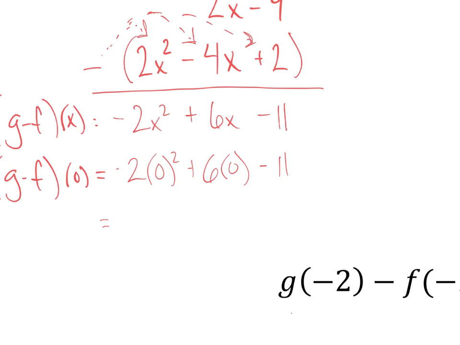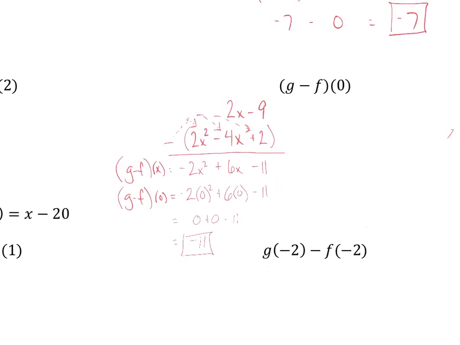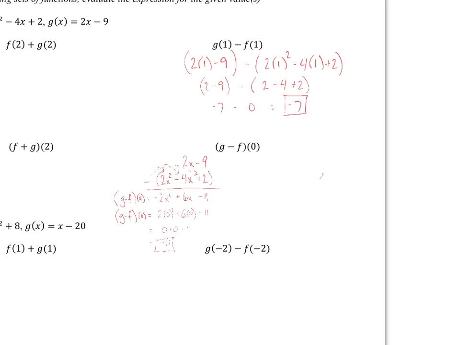That simplifies to 0 plus 0 minus 11, which equals negative 11. And what we know from class is that if we were to plug in 0 into our g of x function and into our f of x function and then subtract, we would get the same answer.